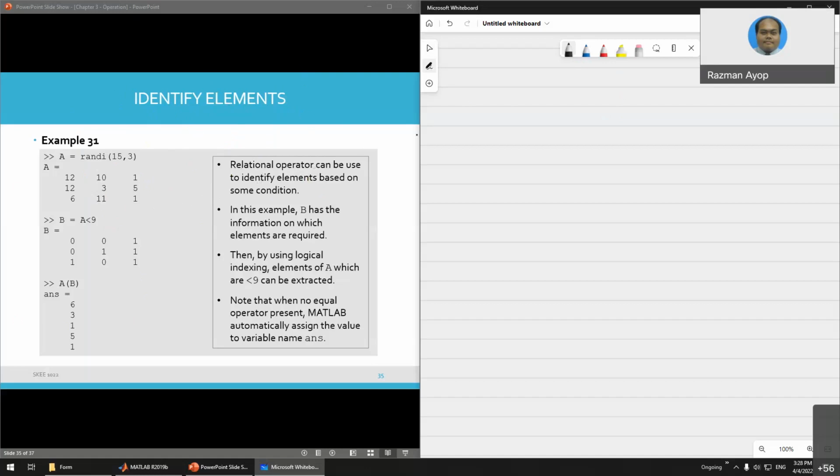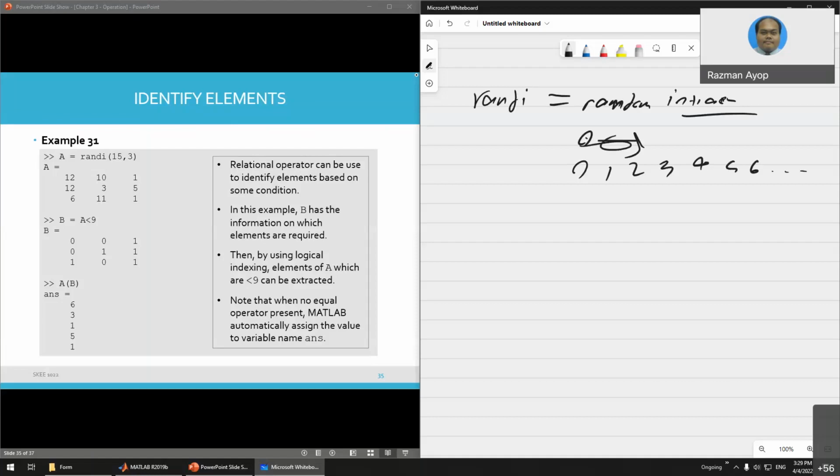For example here, randi, no need to worry. Randi just stands for random integer. Integer is 0, 1, 2, 3, 4, 5, 6, and so on.